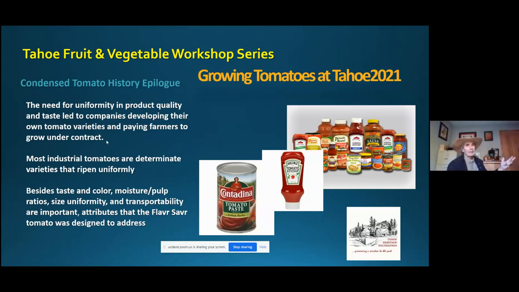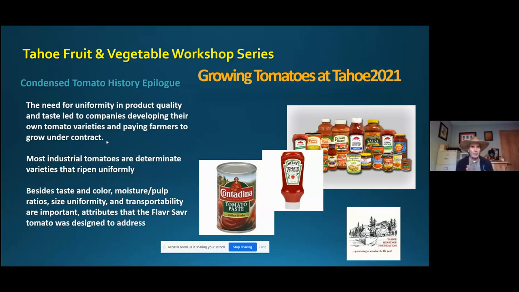To wrap this up, in the United States, as these companies became national rather than just regional companies, they wanted consistency in product, consistency in taste, year to year, bottle to bottle. And so they started paying farmers to grow specific varieties so that their ketchup products or their tomato products were similar year to year and from region to region.